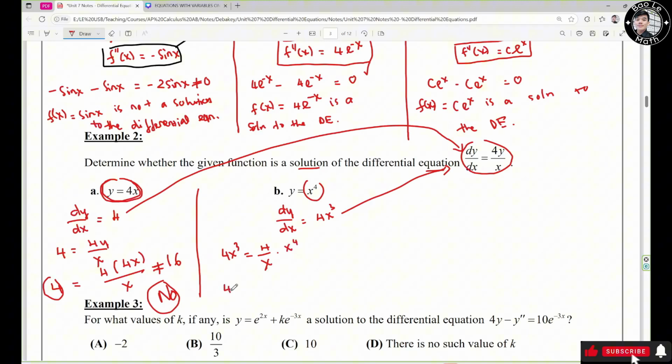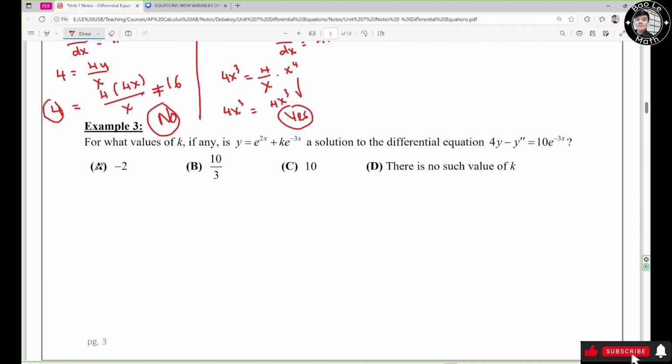Now I need to simplify: 4s cubed equals 4 times s to the 4 divided by s, which is s cubed. So this one, yes, y equals s to the 4 is a solution to the differential equation right here.